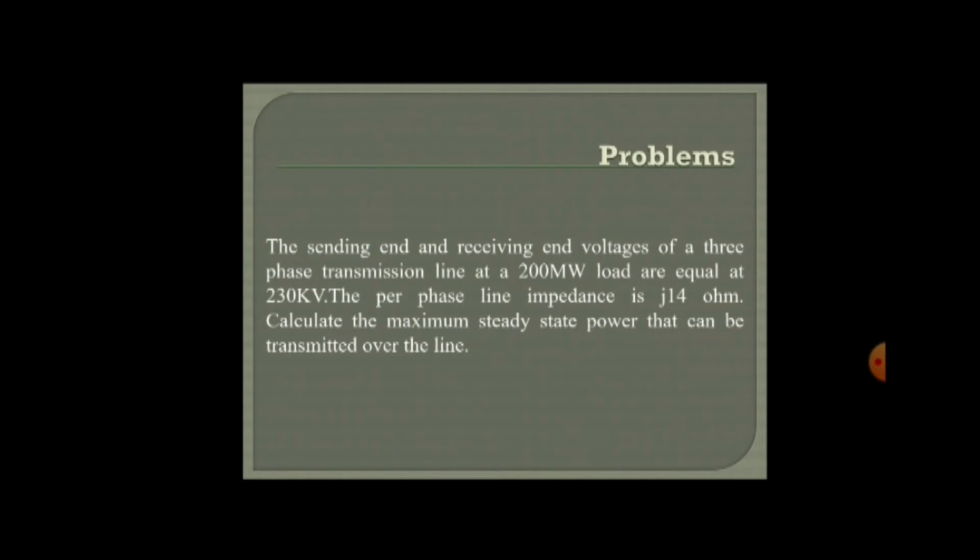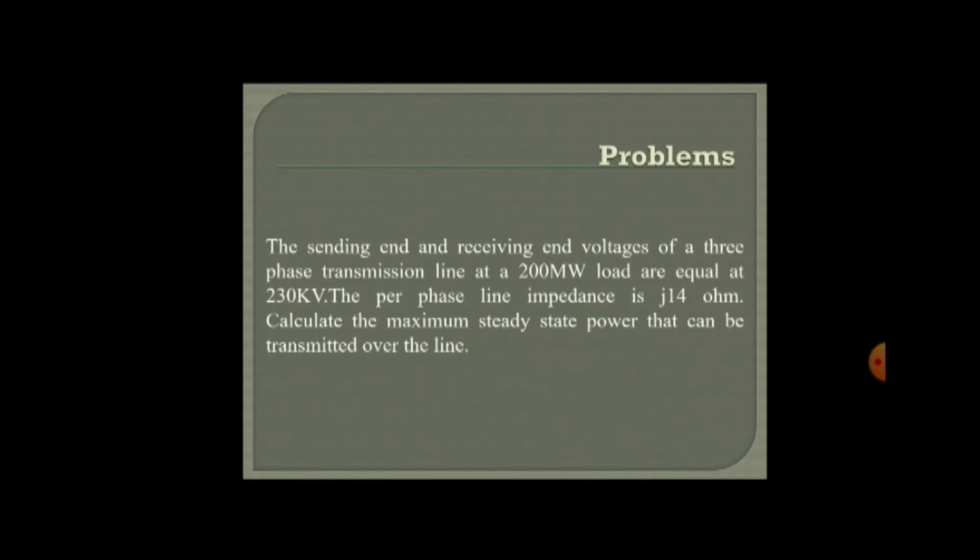The sending end and receiving end voltages of a three-phase transmission line. Here, the problem is on a transmission line, so we have to consider the sending end and receiving end voltages. The sending end voltage and receiving end voltage of a three-phase transmission line at 200 megawatts load are equal at 230 kV.